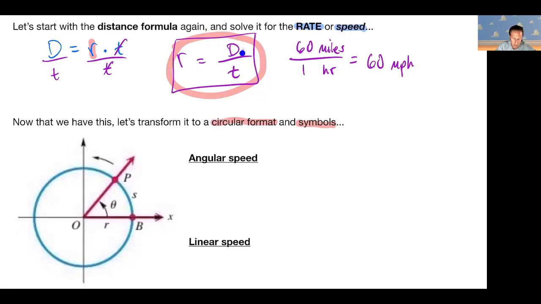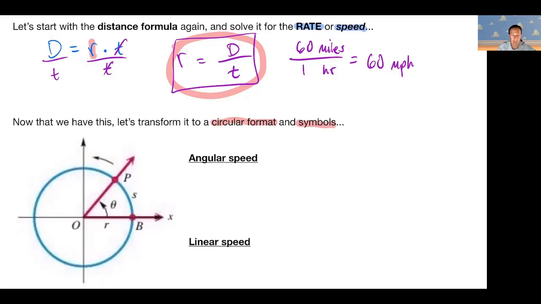But what would our distance be if we traveled that on a circle? We're going to be talking about the angle and how much it's rotating, versus on a line. And remember, on Earth, we live on the outside of it. So even though we think we're going in a straight line, we're actually on a big, giant curve or sphere.